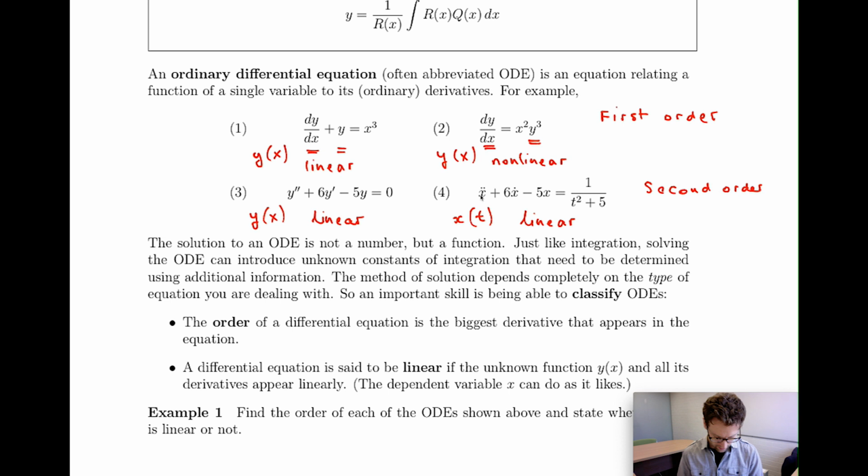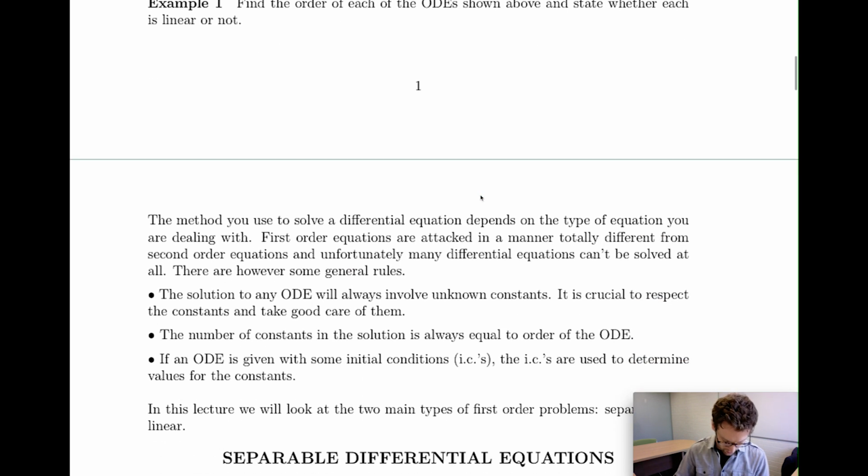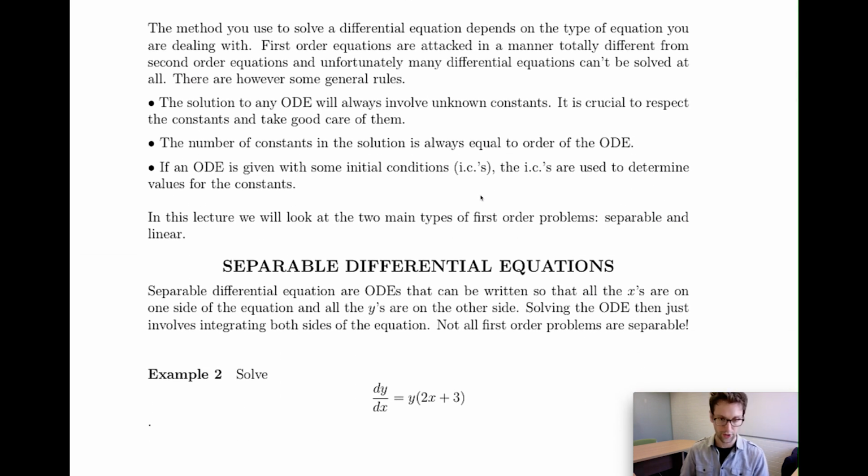So once we've figured out what type of equation we're dealing with, then we can start to look at different methods of solution. Now, there's a couple of things to bear in mind when you're looking for solutions of ordinary differential equations. The first is that you'll often, and always in fact, get unknown constants.